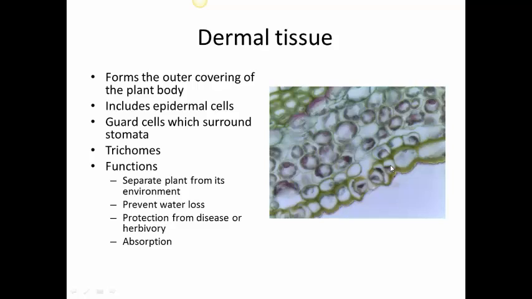So the guard cells allow the plant to take in carbon dioxide when it needs it to make carbohydrates through photosynthesis, and it allows it to get rid of oxygen that's produced via photosynthesis. So they're playing a very important role in gas exchange. This epidermis is somewhat watertight.